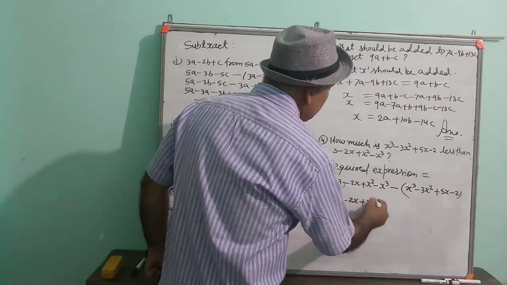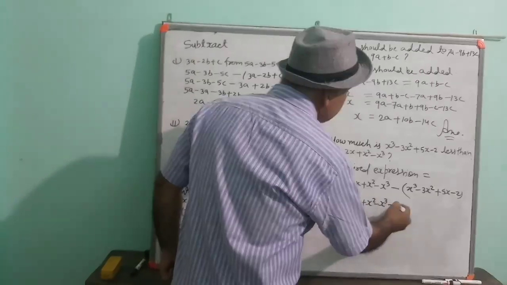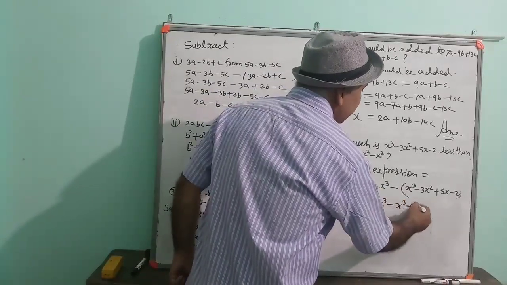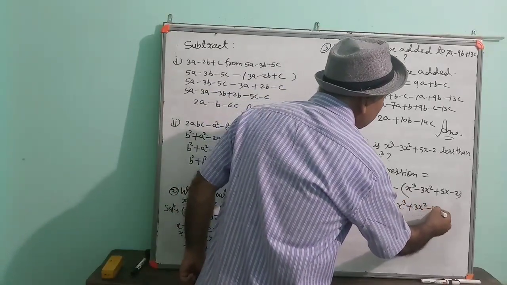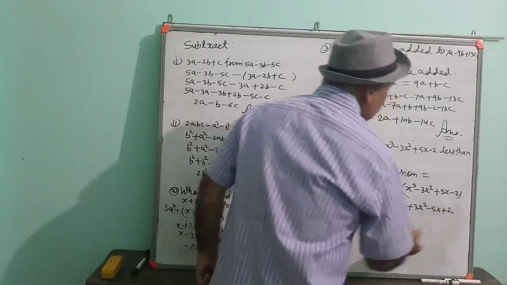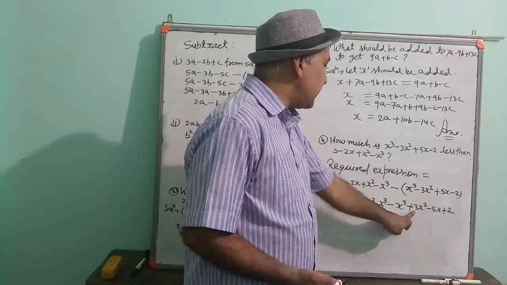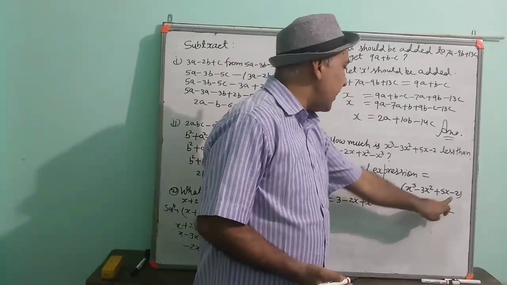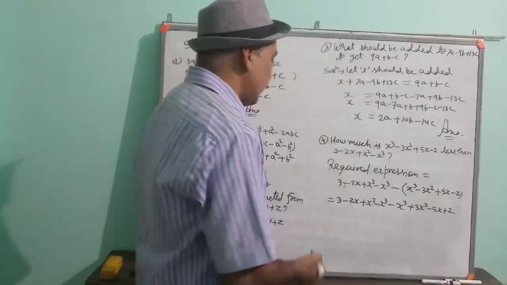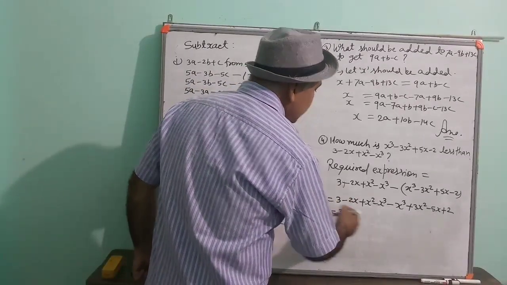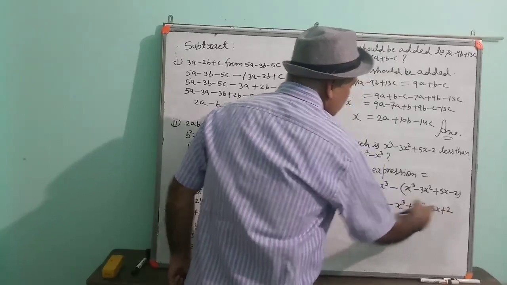3 minus 2x plus x square minus x cube, minus. When you open the bracket, all the signs will be changed. Plus x cube becomes minus x cube, minus 3 becomes plus 3, plus 5 becomes minus 5, minus 2 becomes plus 2. Now to solve it, write all the like terms together. 3 and plus 2 together.